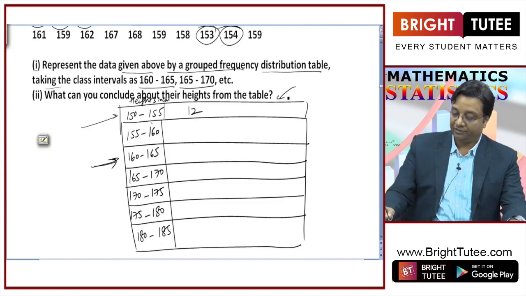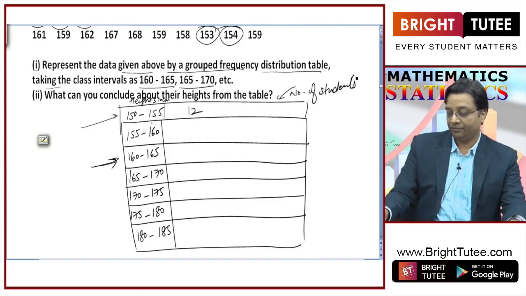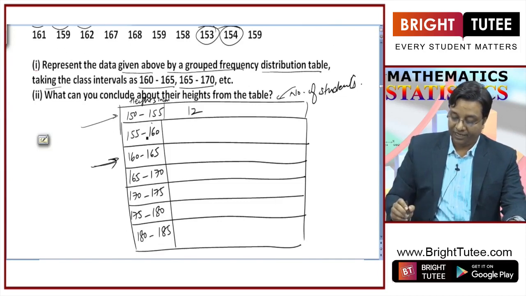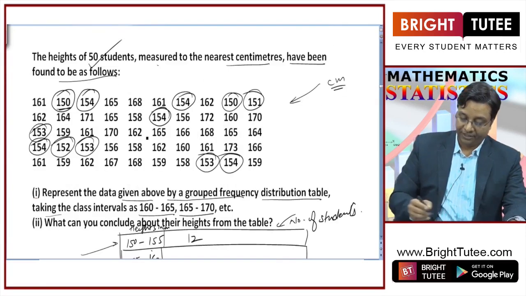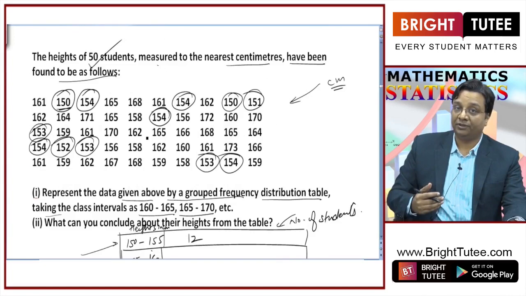Okay, here I have written number of students. Now 155 to 160. So this time we will include 155 but exclude 160.